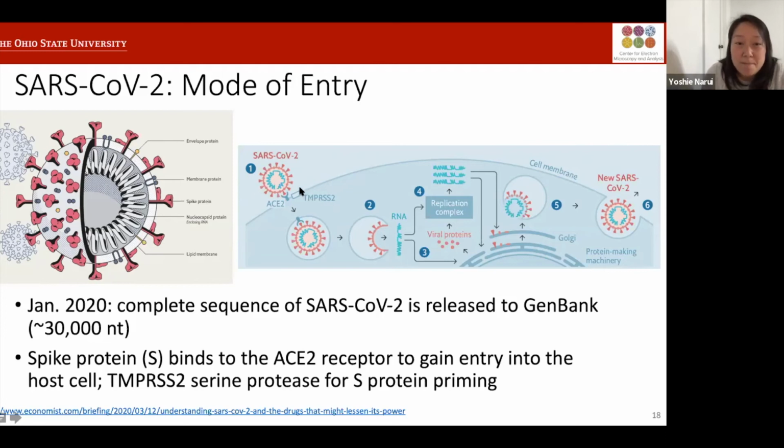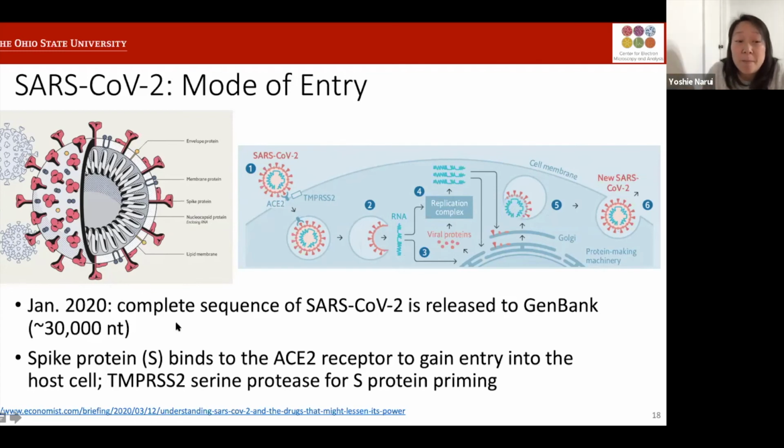If you look in the right-hand panel, the spike protein binds to what is called the ACE2 receptor on the host cell. And once it gains entry into the cell, it hijacks the cell machinery to produce more copies of the virus, which are then released back into other host cells.